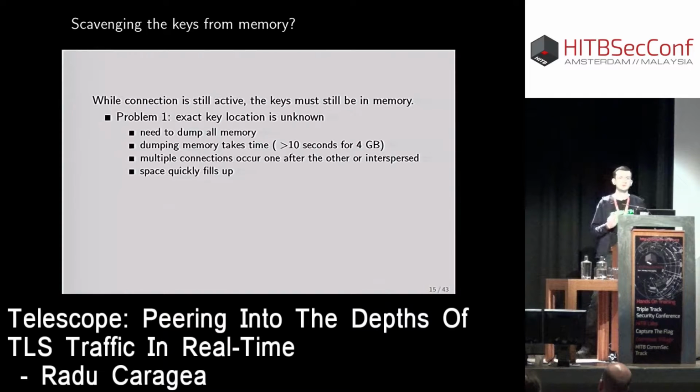But when you do this, say you have a VM with 4 gigabytes of memory, it will take a lot of time. It will really be noticeable. In the context of cloud providers, you don't want to violate the SLA. So it's a problem.